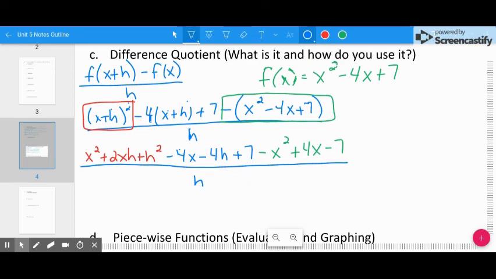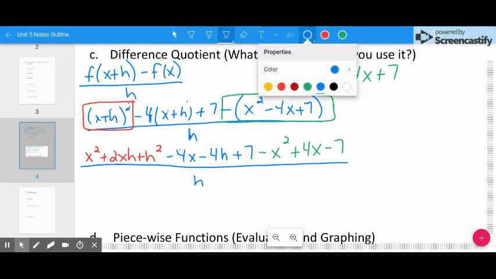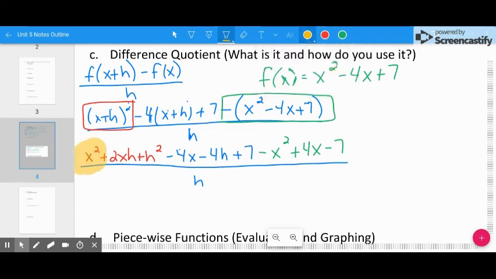And if you take a look, we should start to see that there are some common terms that we can combine. So if I look, I see there's an x squared term and a negative x squared term. So those are going to cancel out. So I don't have to worry about those.